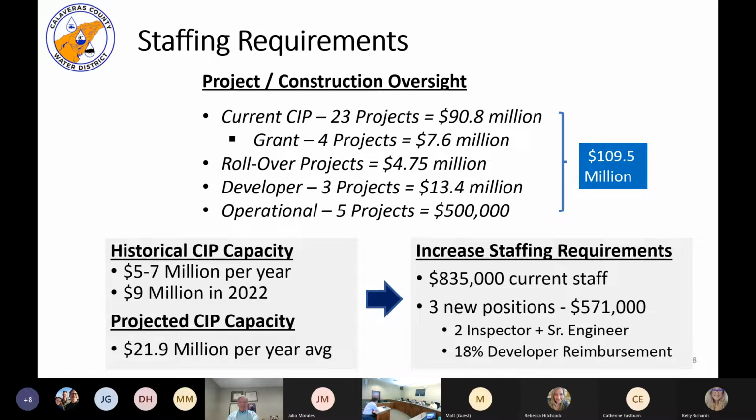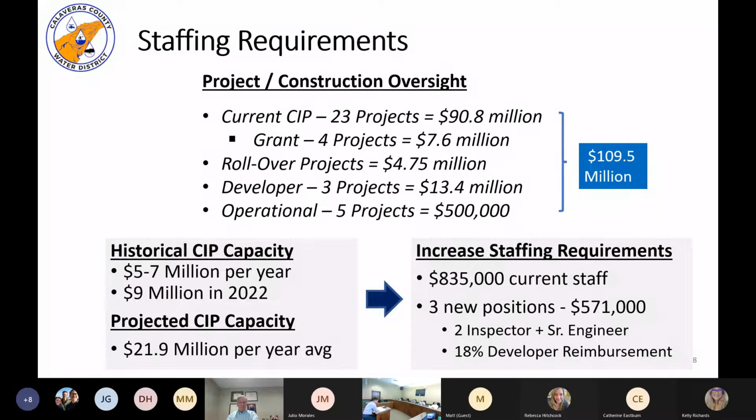So more than doubling what we've done in the past. We've taken a close look at where the staff capacity limitations are in order to manage it in a way that makes sure that when we get a project, it's up to the district standard, it's going to last as long as possible, and it's as cost effective as possible.